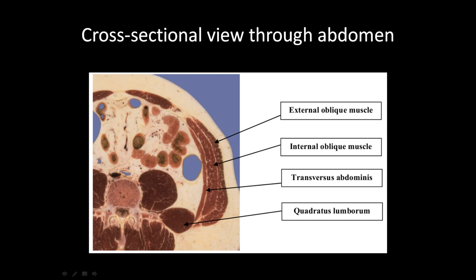So right next to the vertebrae you can see the quadratus lumborum, and posteriorly you can see the erector spinae, and just anterolaterally you can see psoas muscle, whereas the lateral abdominal wall constitutes, from inwards to outwards, transversus abdominis, internal oblique and external oblique muscle, followed by subcutaneous tissue, and this is where the lumbar triangle, the triangle of Petit, is situated, where we can put our needle and access the transversus abdominis plane.